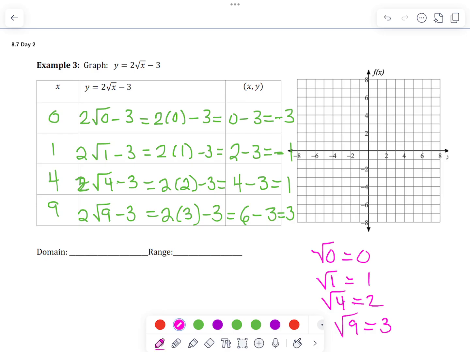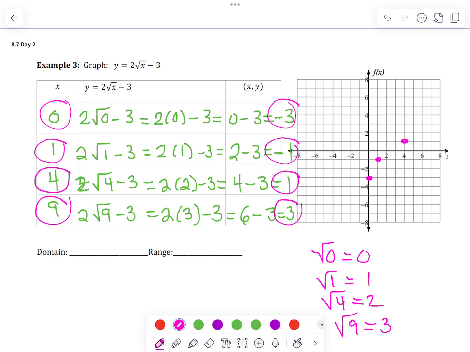So the first ordered pair is 0, negative 3. So over 0, down 3. Then 1, negative 1. So over 1, down 1. 4, 1. So right 4, up 1. And then 9, 3.